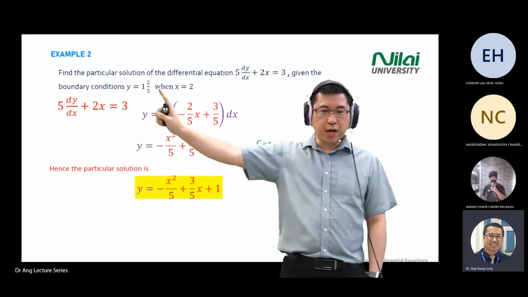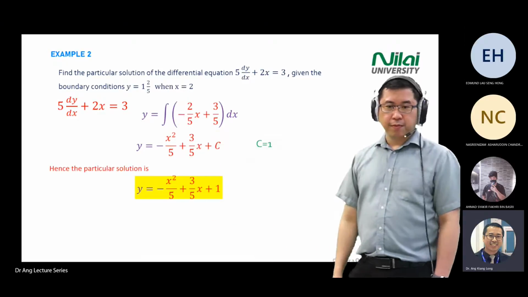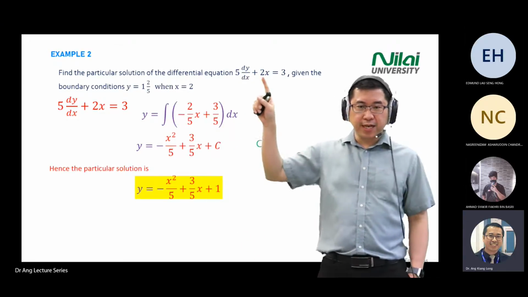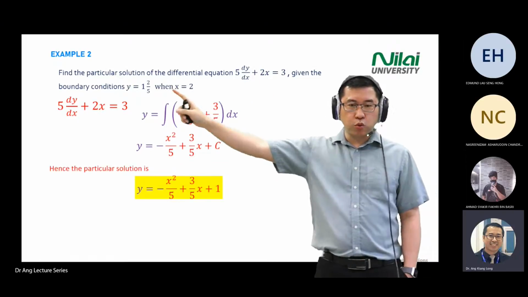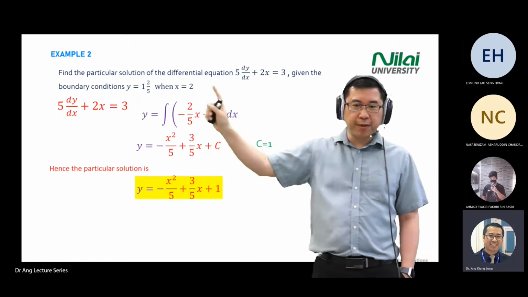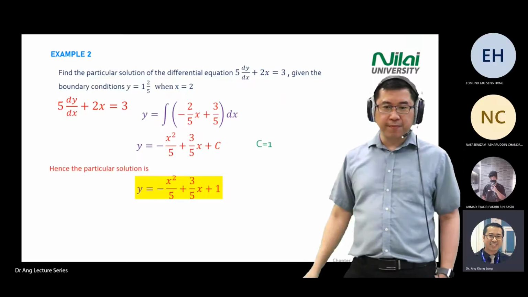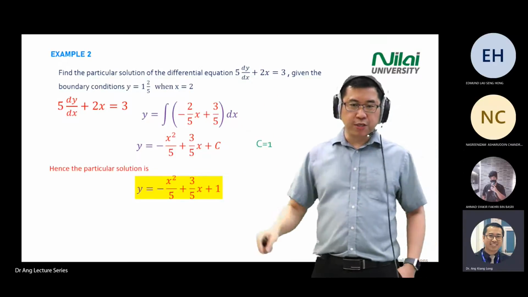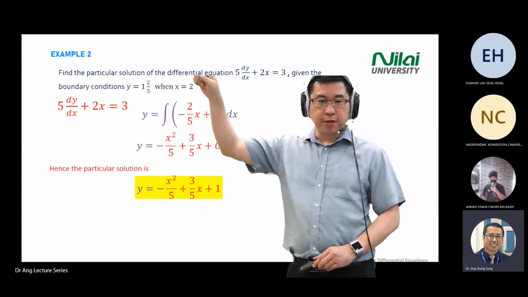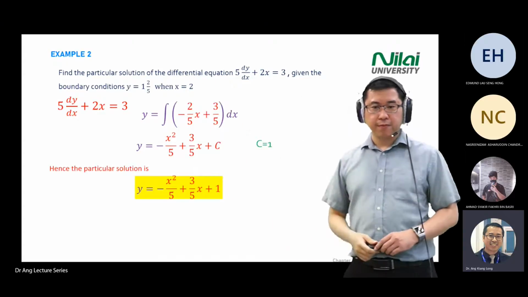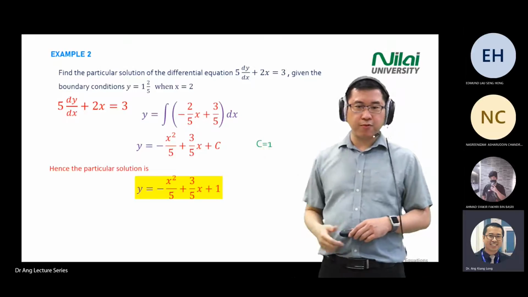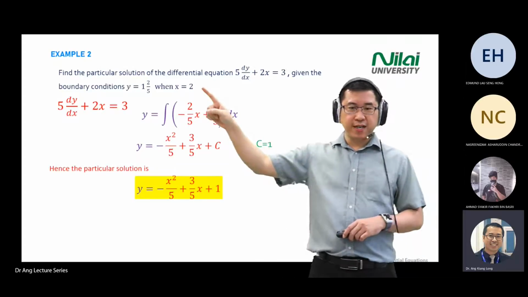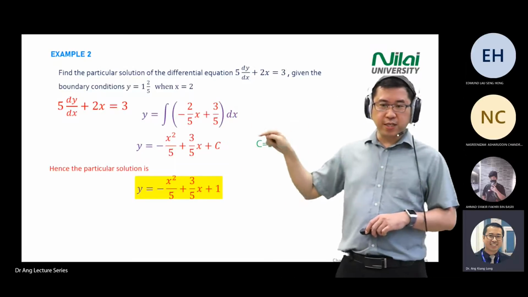When we give you the y and x value, or if you're integrating an equation and we give you 2 parameters that you can substitute inside, then you are going to solve c. That is the purpose of the boundary condition. Just take note of that. This is the hidden tip that we help you with. When we give you this, it means we want you to find c.